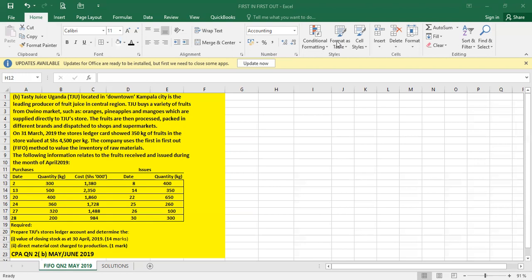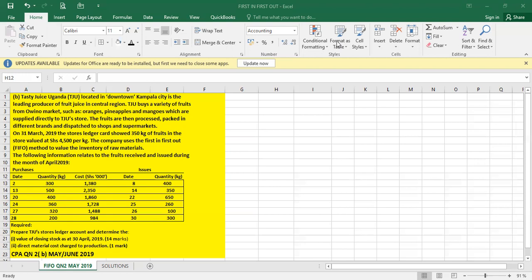Those are the raw materials they use in the manufacture of that juice, which are supplied directly to TJU's store. The fruits are then processed, packed in different brands, and dispatched to the shops and supermarkets where they are sold.